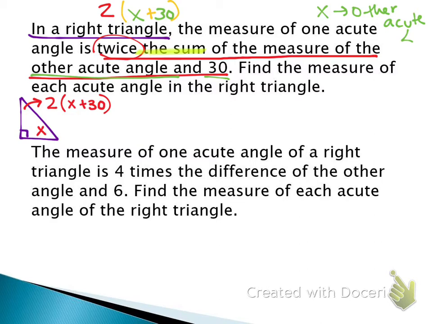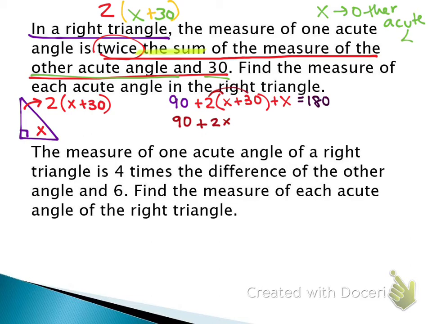Now we have 3 angles in a triangle. We're going to add them and set them equal to 180. We got 90. We've got 2 times x plus 30. And we have x. They will add up and equal 180. We're going to distribute.